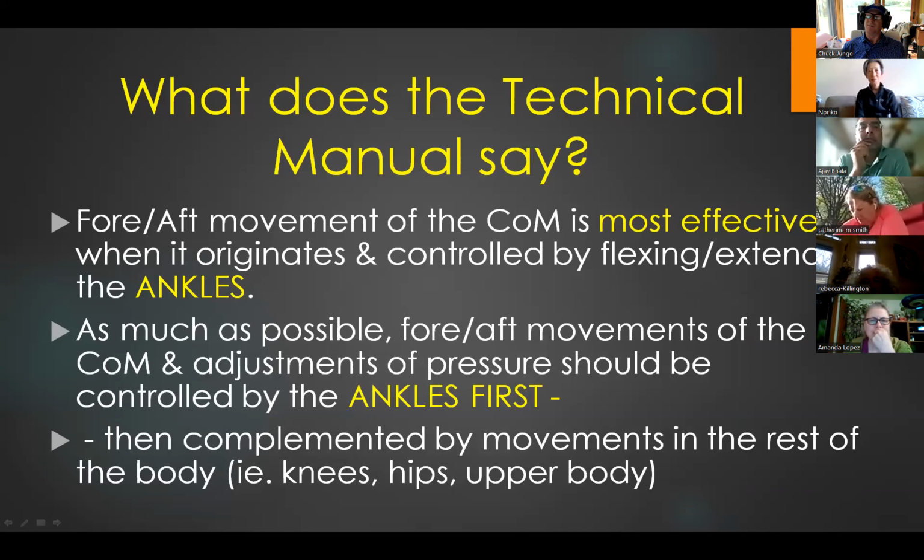Dorsiflexion is when you pull your foot up towards your shin bone, and plantarflexion is when you push down with your toes, or more specifically the forebody of your foot, like ballerinas doing plantarflexion.